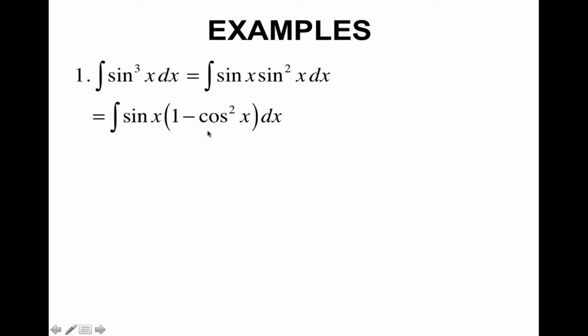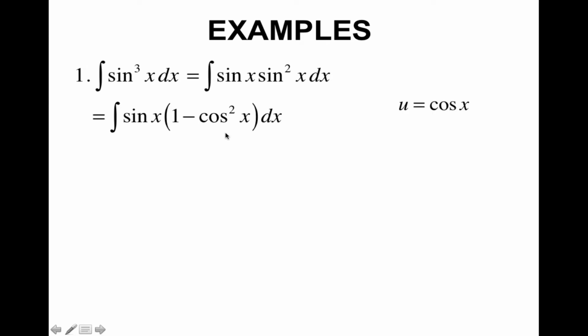The reason why I chose that is because now I'm going to use u substitution so that when I take the derivative of u, I have my derivative in the integrand. So you should notice that we're going to want our u to be cosine.